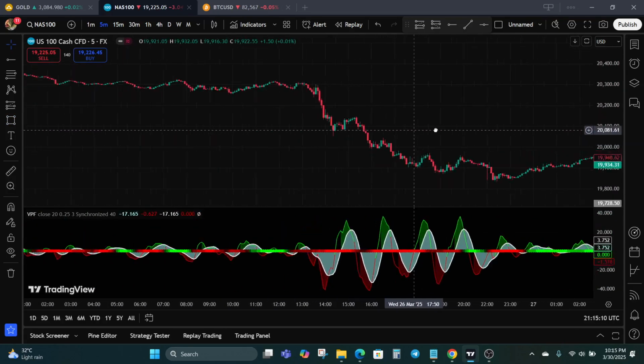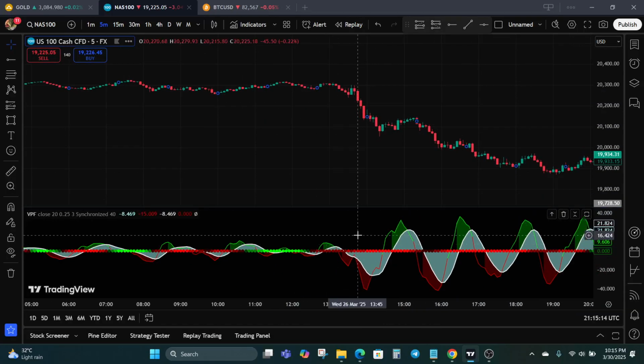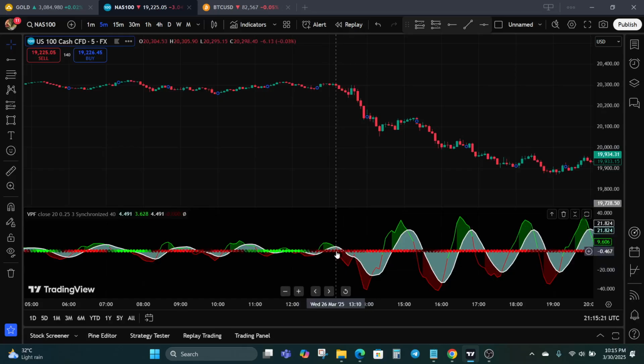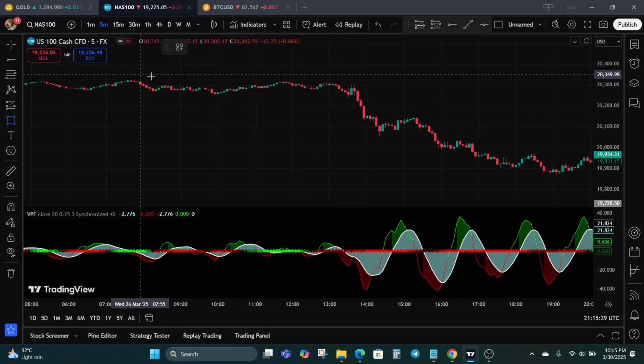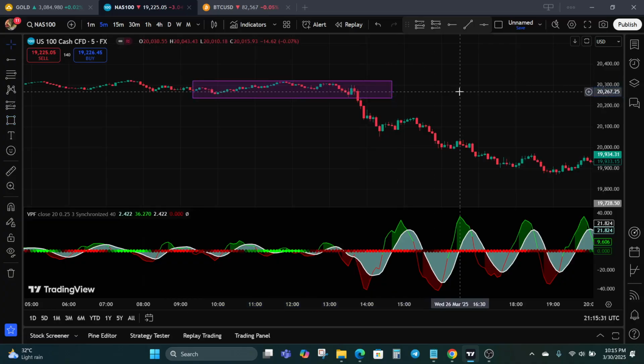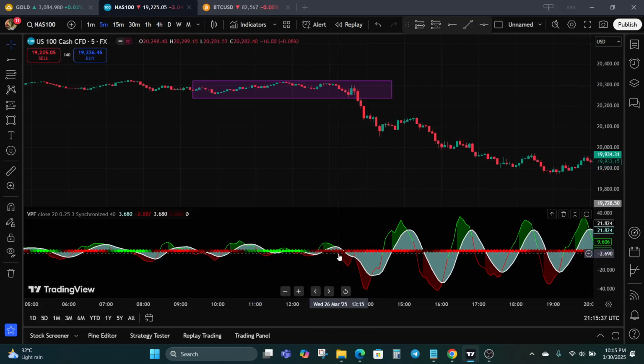Like I said, the red line should coincide with a dark shade of red. Here we had a red line and dark shades of red. So this was a good opportunity to enter a sell, because the indicator was already predicting a significant sell move, in as much as this was still a consolidation phase. You can see right from this point.